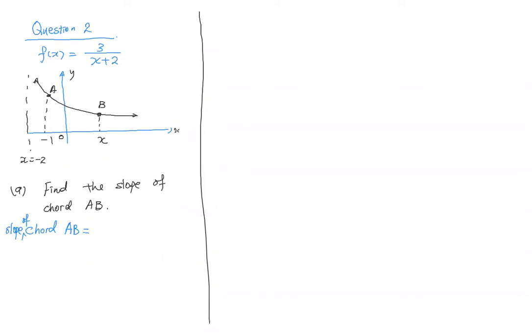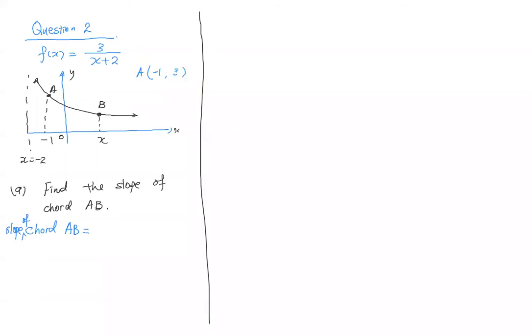Okay, can someone tell me the coordinate of point A? Rachel, what is the coordinate of point A? x equal to -1 and y equal to 3.